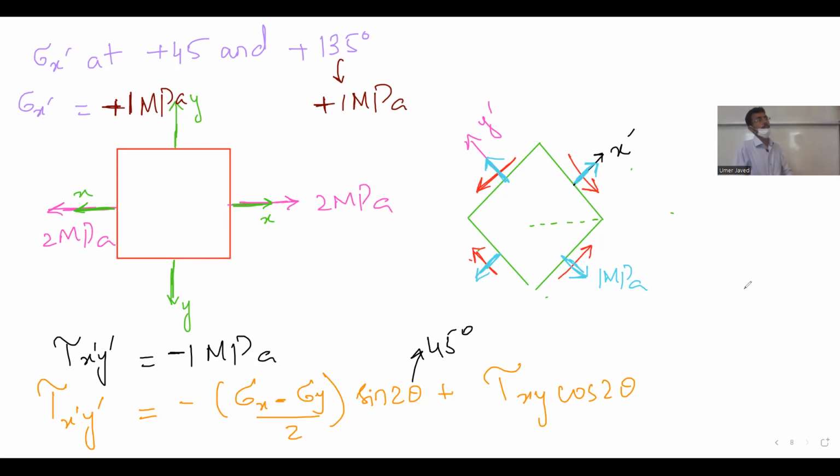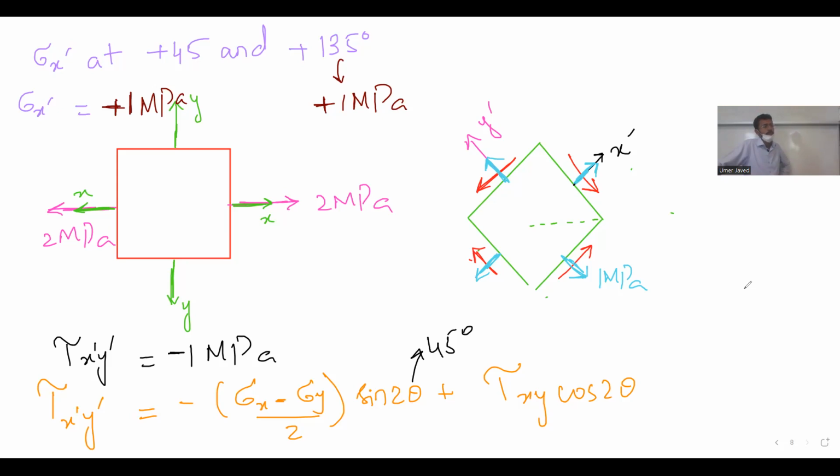What do we call it? Transformation equation, defining the direction, right? And after that, we find not shear stresses but normal stresses when we tilt it, from these equations, right?